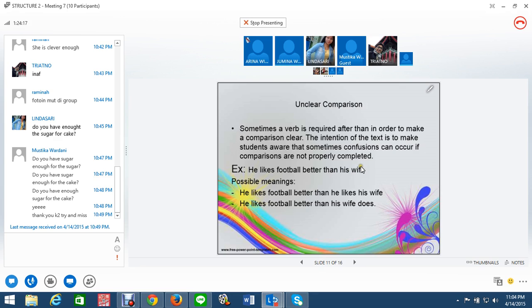How will we avoid unclear comparison? The way is by putting a verb after the subject. Here, he likes football better than, after than there is a subject. So this is the subject actually, and this is the verb. So this is the way to avoid unclear comparison. Okay, you know that.